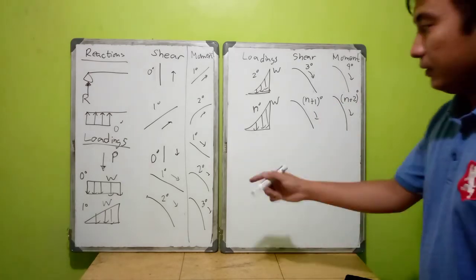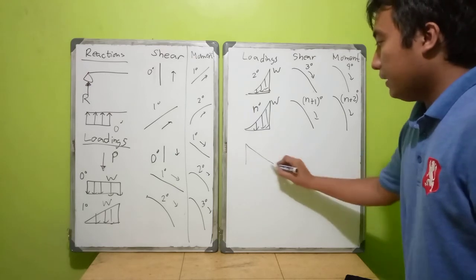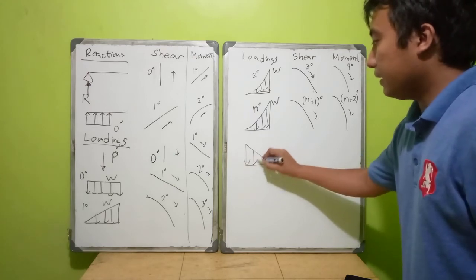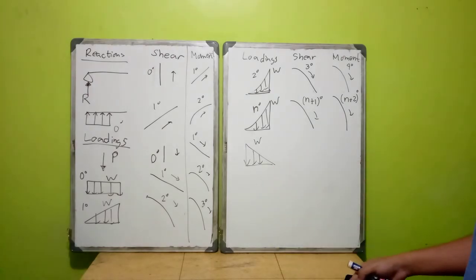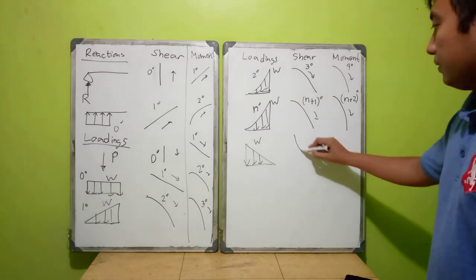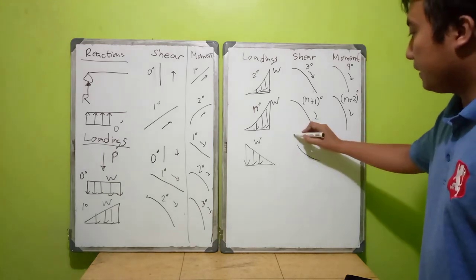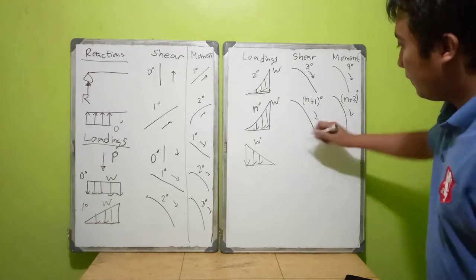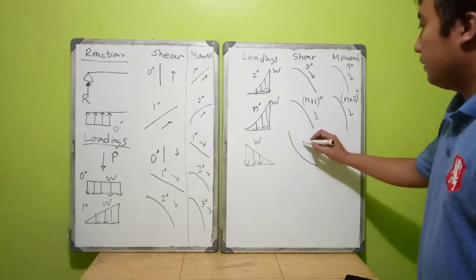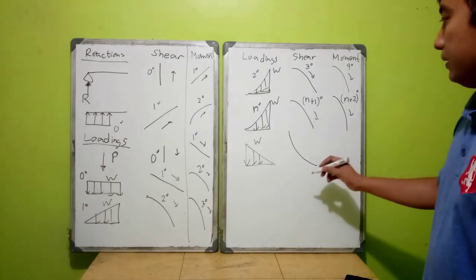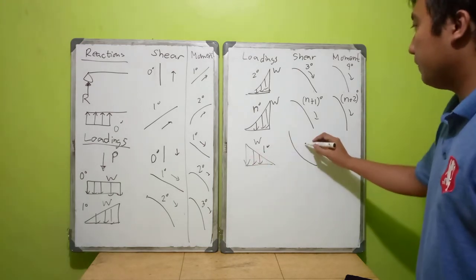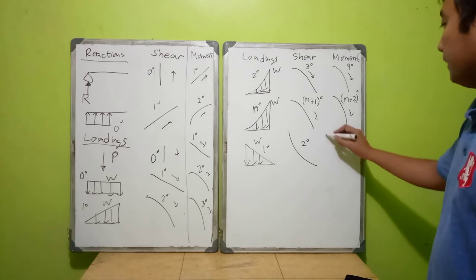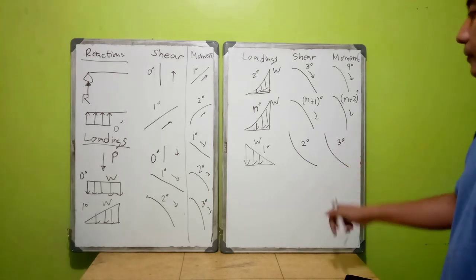But if it's the other way around, let us say a triangular load decreasing, the shape of your curve will be reversed. It will be like this. So this is your W, and it is a 1-degree curve, so therefore shear is a 2-degree curve, and here it will become a 3-degree curve for your moment.